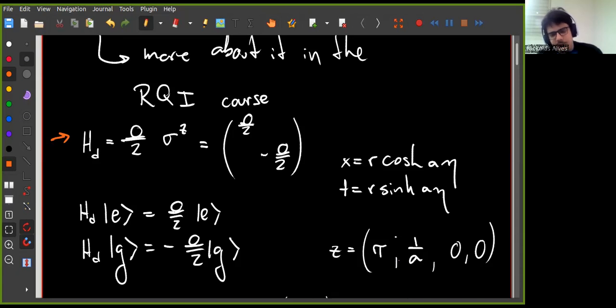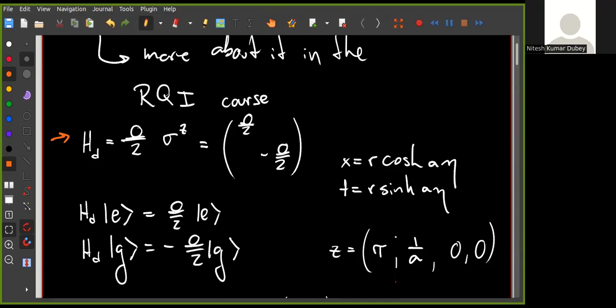They do have some problems, and you can get rid of some of the problems by smearing them. But that is a topic for the RQI course. We are not getting any divergence over here, while in normalization we get divergence with only this kind of field. I'm saying that we are not getting any divergence in the transition rate without the smeared field.